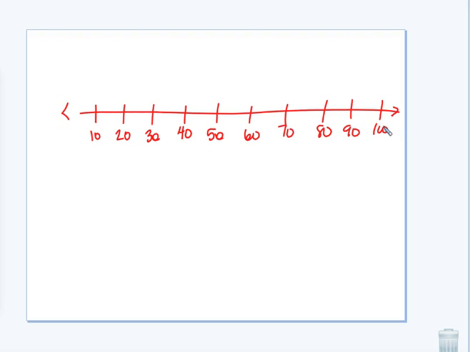All right, so at 20, I have an outlier. My minimum is at 40. Q1 is at 70. Q2 is at 80. Q3 is at 90. And then my max is 95.